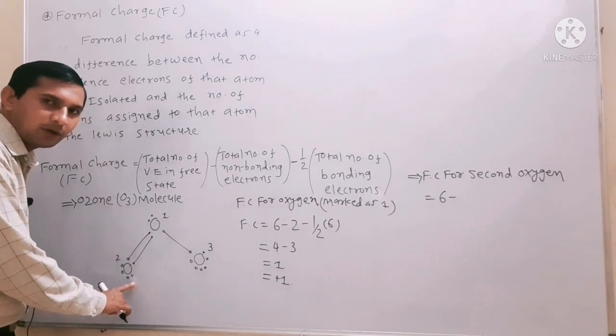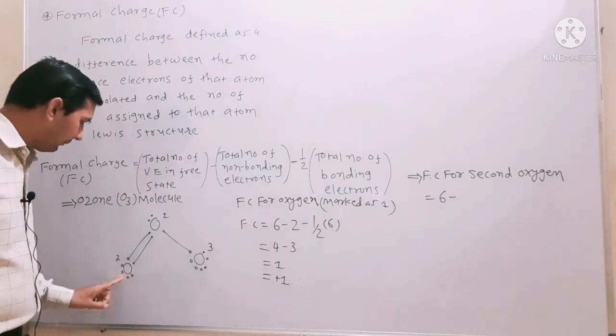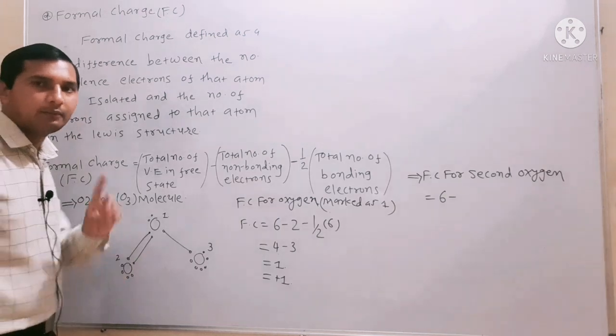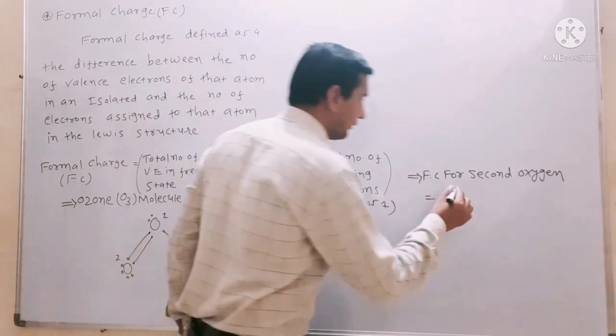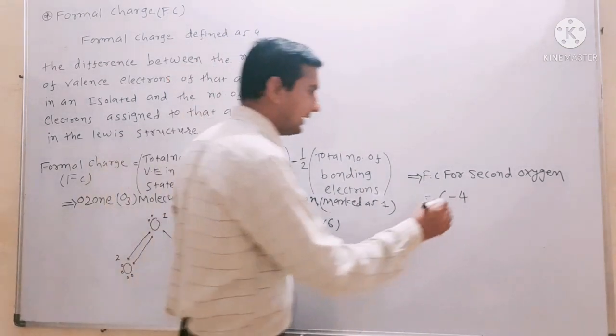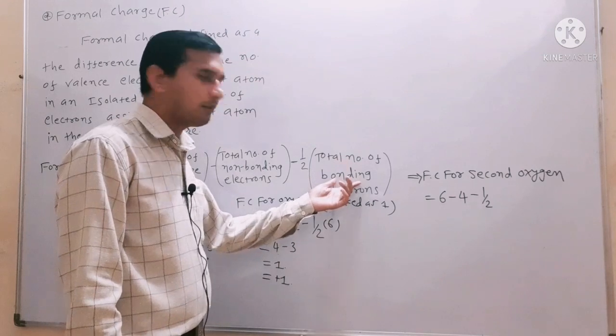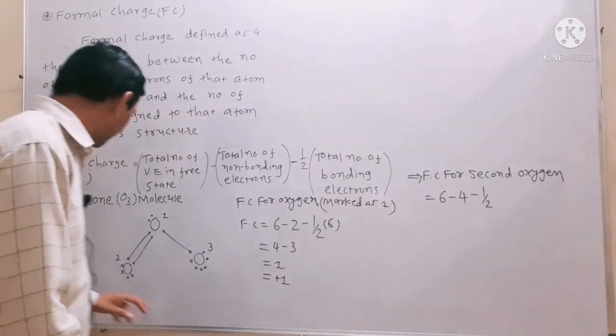There are 4 electrons, meaning 2 lone pairs found on the second oxygen. Therefore, the number of non-bonding electrons is 4, minus 1 upon 2 total number of bonding electrons.